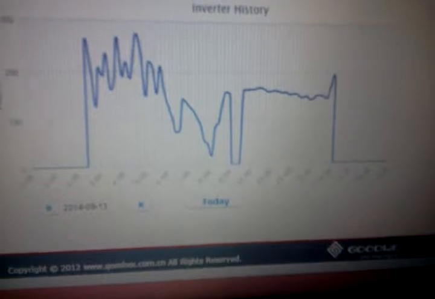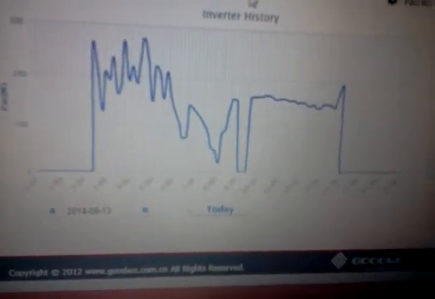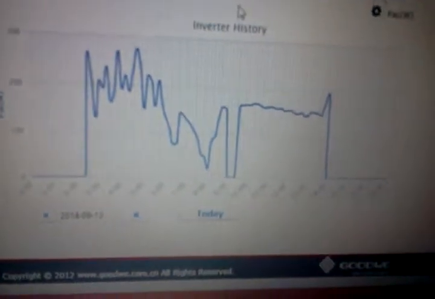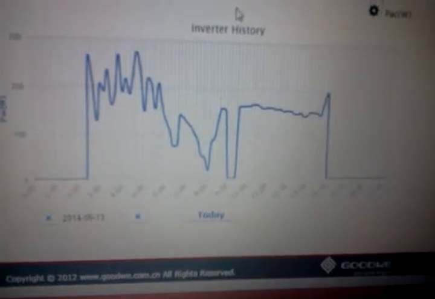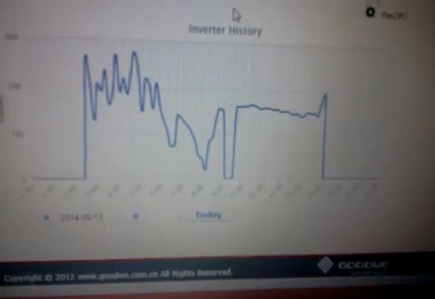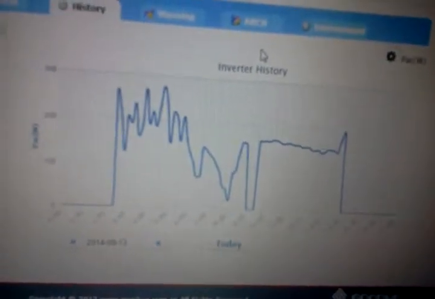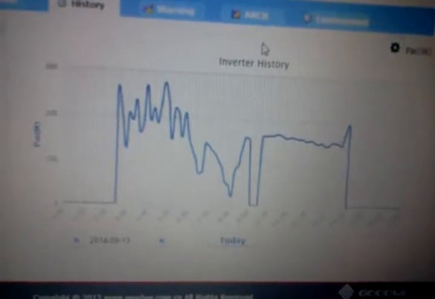What I have done is that because the demand for my electronics, the TV, the lights, is just about 300 watts, I have put this on my solar system, because I don't have enough panels to fully exploit my 5 kilowatt solar inverter. I just have about 1500 watts of solar panels right now, and my panels are also not installed in an optimal location.